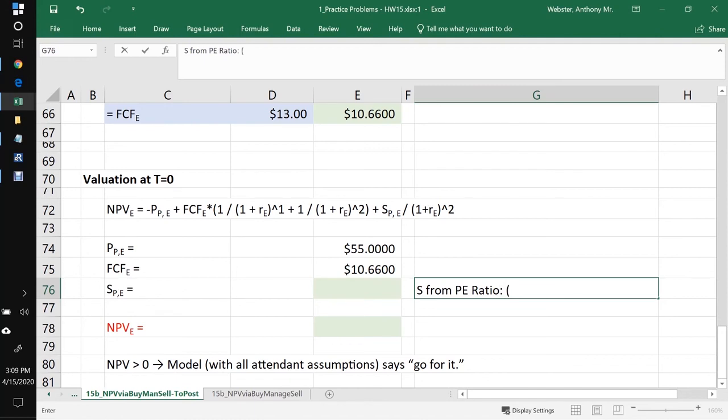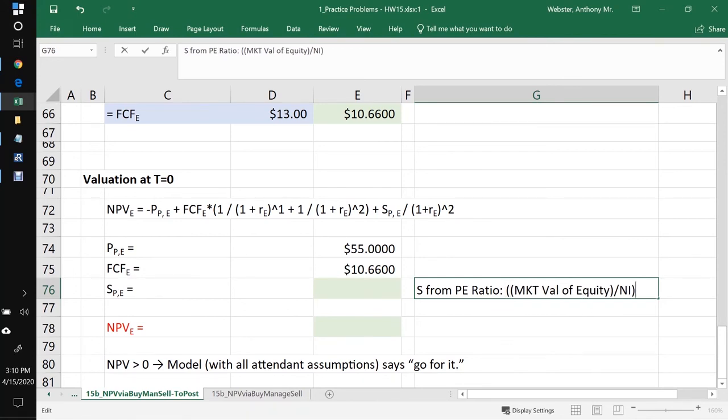So we have market value of equity divided by net income, and that's our PE ratio, right?